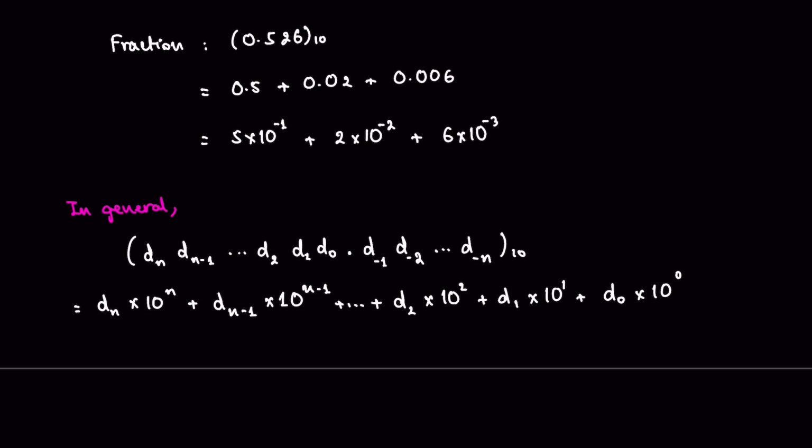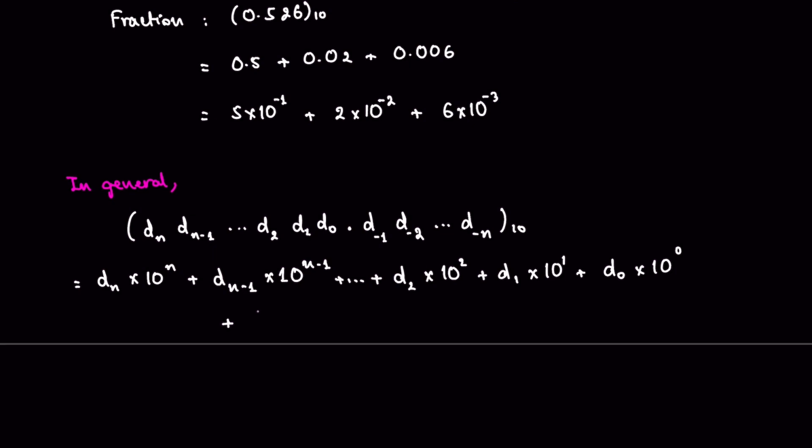So all of those represent integers. Now after the dot, or after the decimal point, you have the fractions. So you have d negative 1 times 10 to the negative 1, plus d negative 2 times 10 to the negative 2, and so on and so forth, to d sub negative n times 10 to the negative n.